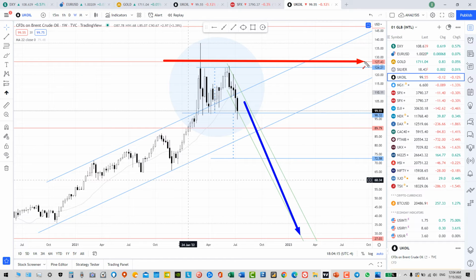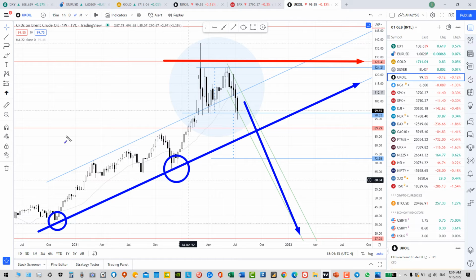If we take a look at the trend, we can see it is clearly up, at least until now. Here we are connecting the higher lows and the channel line connecting the higher highs, as we can see here: 1, 2, 3.